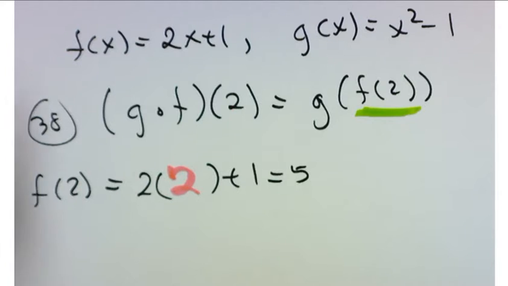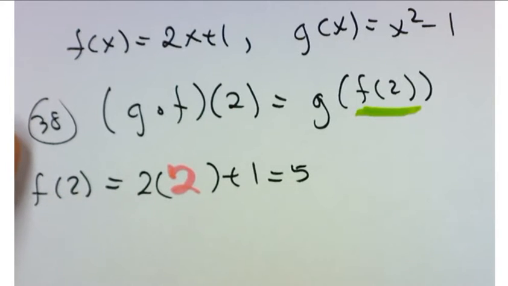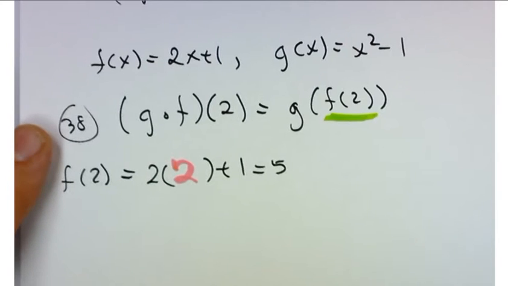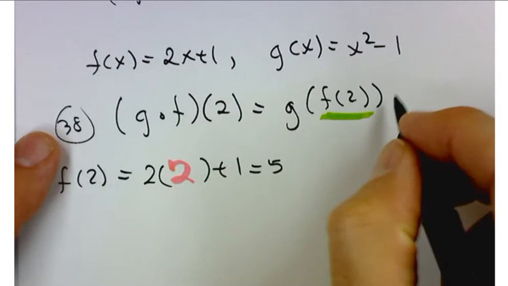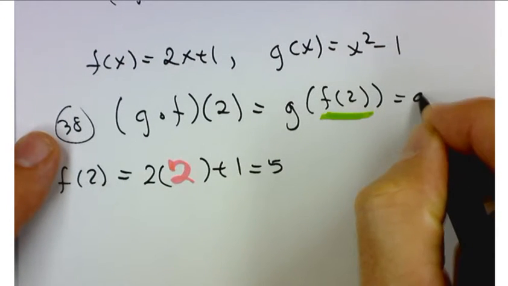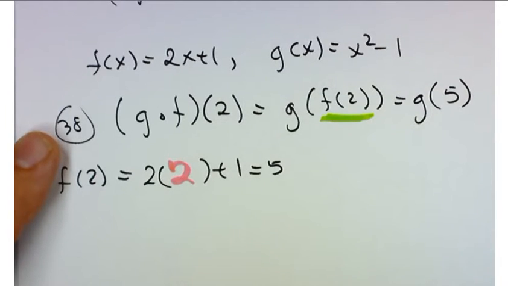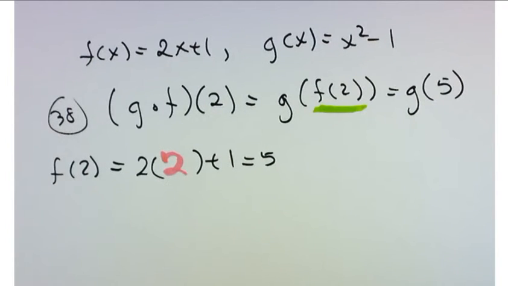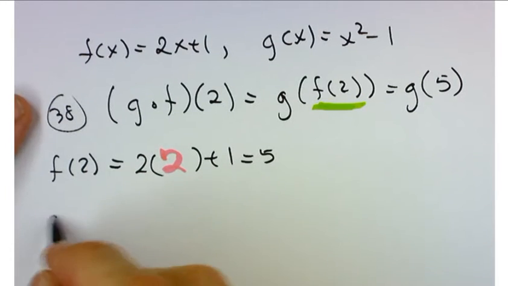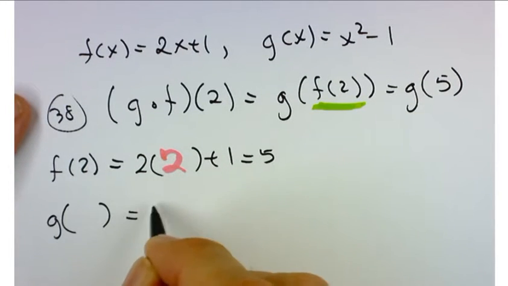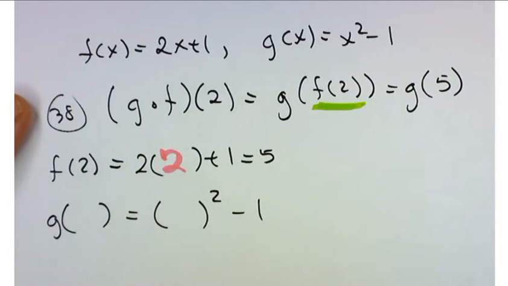But if f of 2 is 5, that means I can rewrite my expression here. Instead of g of f of 2, what can I write? G of 5. And now I can look at the rule for g. The rule for g says, whatever you put in my parentheses, square it and then subtract 1.